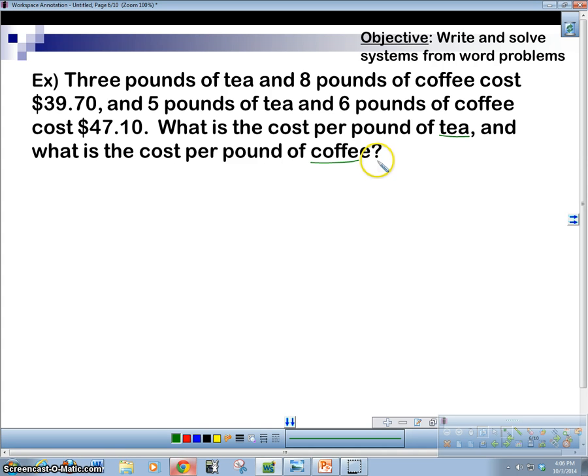I want to define my variables first, and all the rest of this is going to tell me how to set up my equations, but the question part is going to help me figure out what my variables are going to be. So I'm going to say T is for the cost per pound of tea, and C is going to be for the cost per pound of coffee.